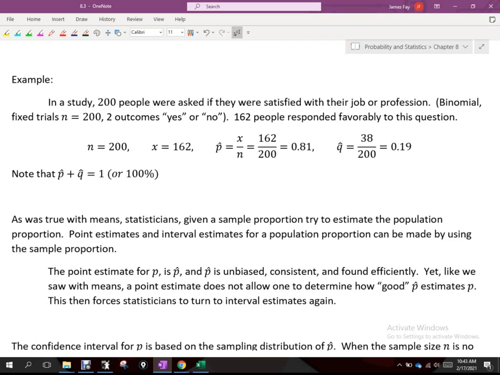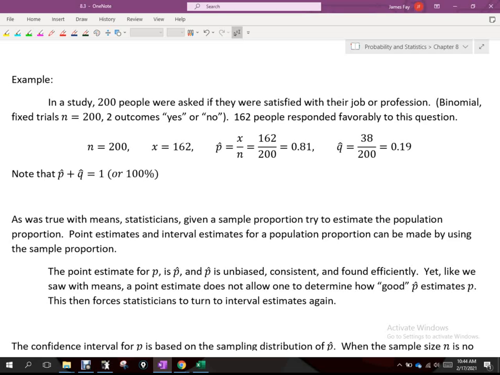So n was 200, x is 162. If I take x divided by n, we get 0.81, so 0.81 is our p hat. That means we can say that 81% of the people in the population are satisfied with their job.